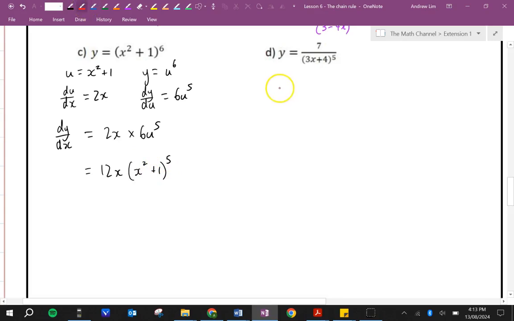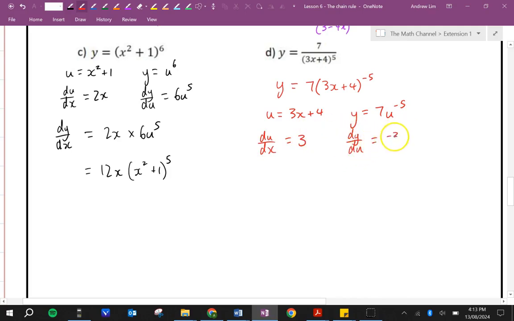Question D. I would rewrite this as 7 bracket 3x plus 4 to the power negative 5 first. And then I would say, we'll let u equal to what's in the brackets. So y is equal to 7u to the negative 5. Differentiate u with respect to x is 3. Differentiate y with respect to u, we'll get negative 35u to the power negative 6.